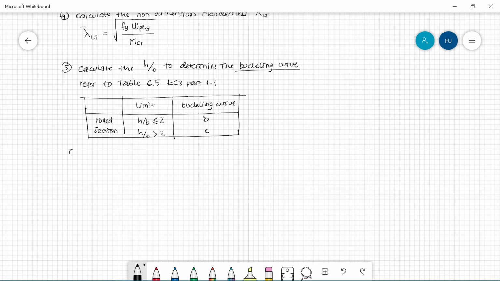And step number 6, determine the imperfection factor, alpha LT.